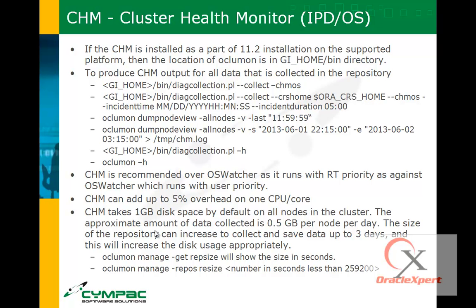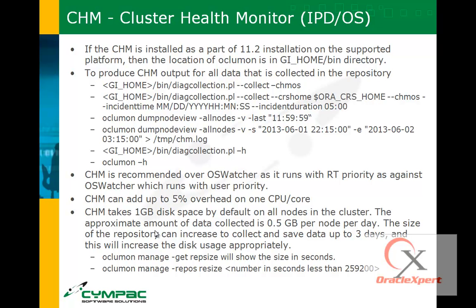For which nodes? All the nodes. Who is doing this? osysmond, one of the daemons that we saw in OHASD. The osysmond daemon is collecting. Who is writing and where is it writing? The ologgerd daemon is receiving those updates from osysmond and it's writing to the CHM repository, which is a Berkeley database.